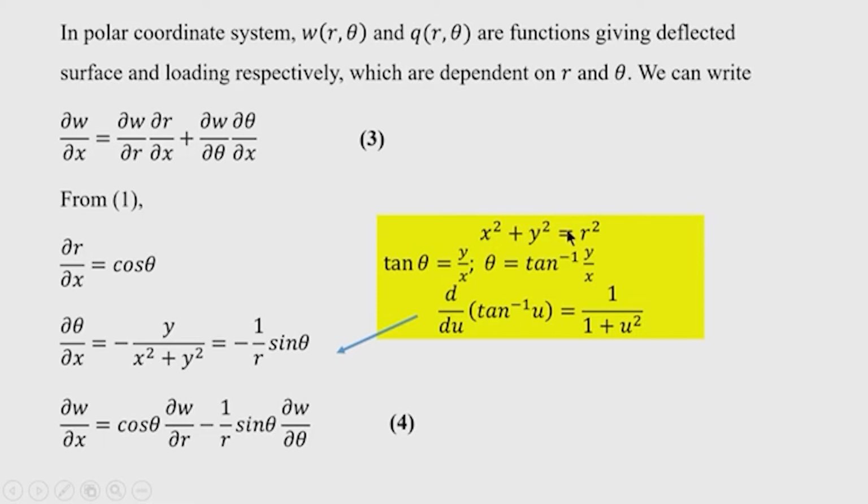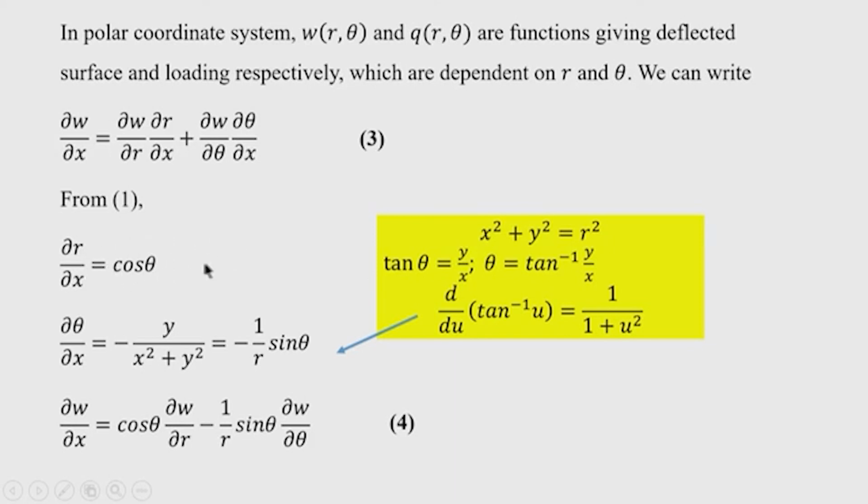So, 2x equals 2r into dr by dx, because first we are differentiating with respect to r, then we are introducing this variable dr by dx. Now, dr by dx is x by r, and you know that it is cos theta. So, we got this quantity.